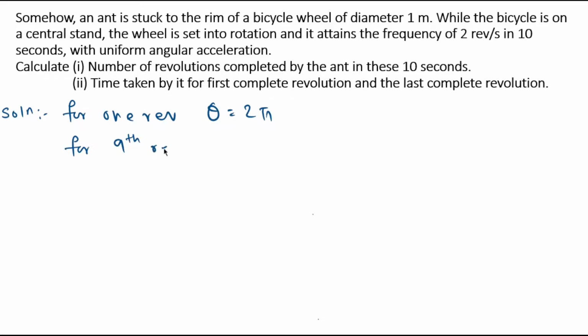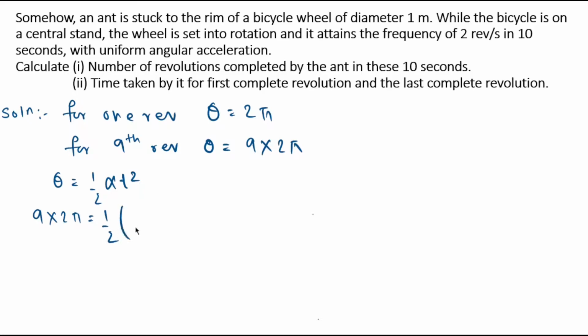For the ninth revolution, theta will be 9 into 2 pi. On the same note, theta is half alpha t square, that is 9 into 2 pi equal to 1 by 2 into 2 pi by 5 into t square. Calculating this, we get t as root 90 seconds, or more precisely we can write it as 3 root 10 seconds.